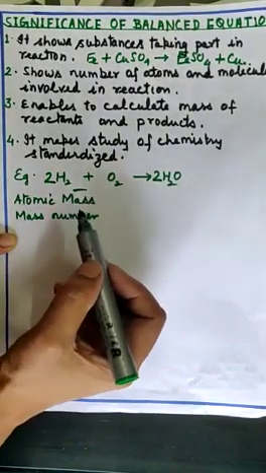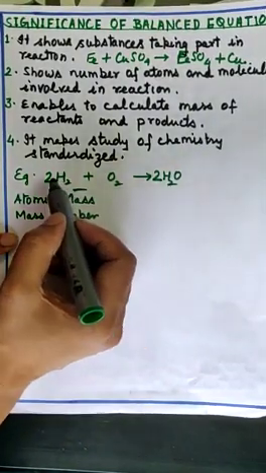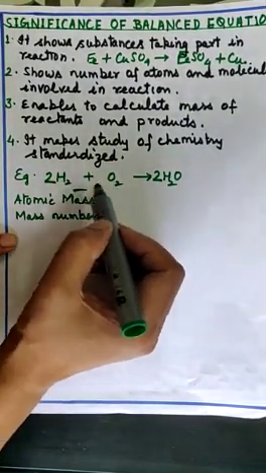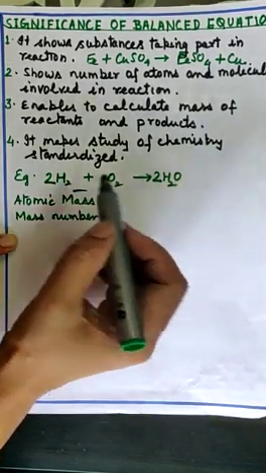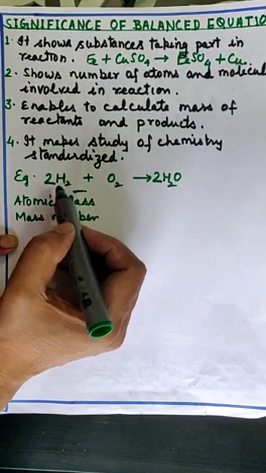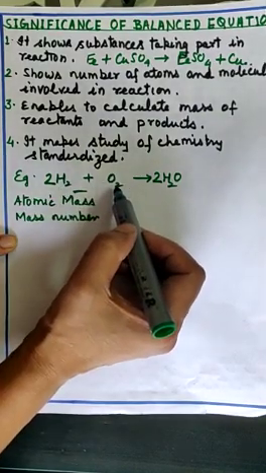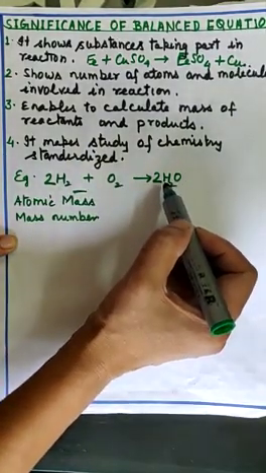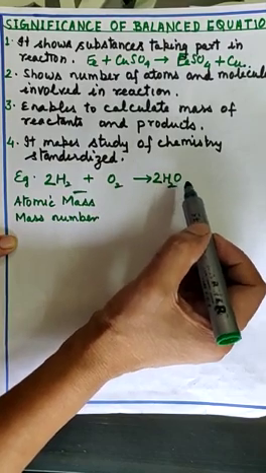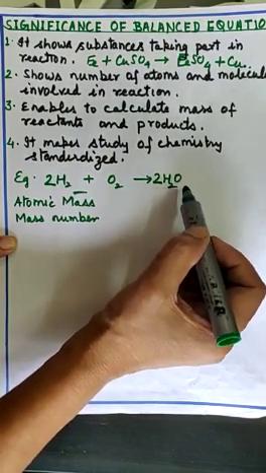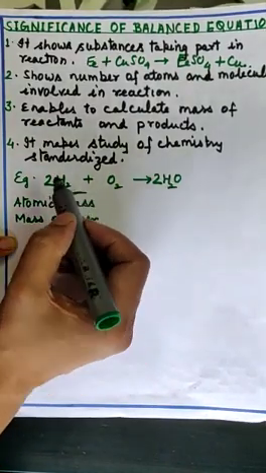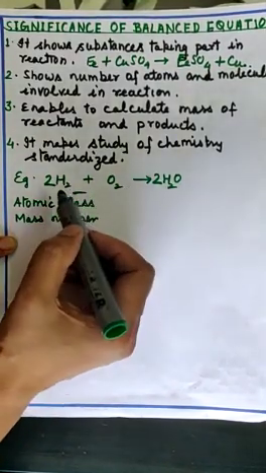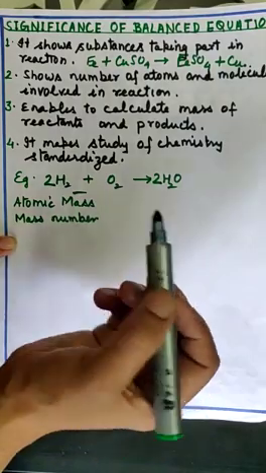For this, we need to know the atomic masses of the different atoms involved in the chemical reaction. A hydrogen molecule is made up of hydrogen atoms, an oxygen molecule is made up of oxygen atoms, and a water molecule is made up of hydrogen as well as oxygen atoms. For calculating their mass, we need to know the atomic mass of hydrogen and oxygen because there are only two elements.